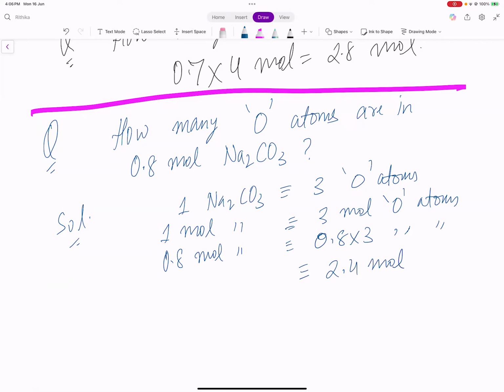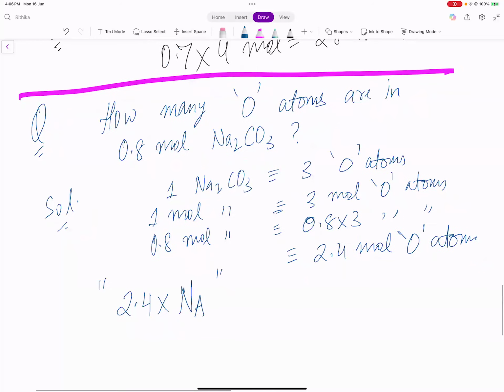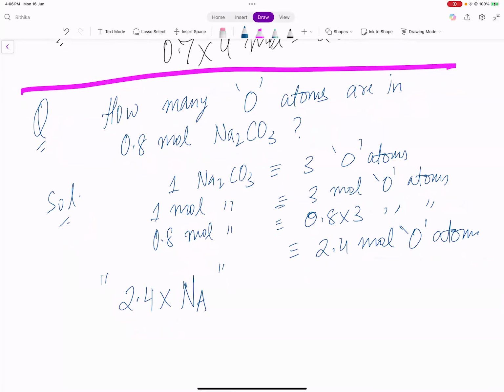But we have not asked the moles. Whenever you are confused, in your head, make this mole as dozen.